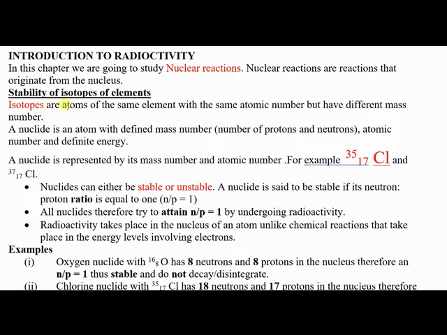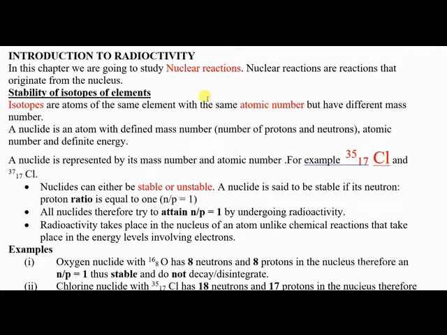Isotopes are atoms of the same element with the same atomic number. Mark that. They have the same atomic number but a different mass number. Somebody else can say that isotopes are atoms of the same element with the same number of protons but a different number of neutrons.